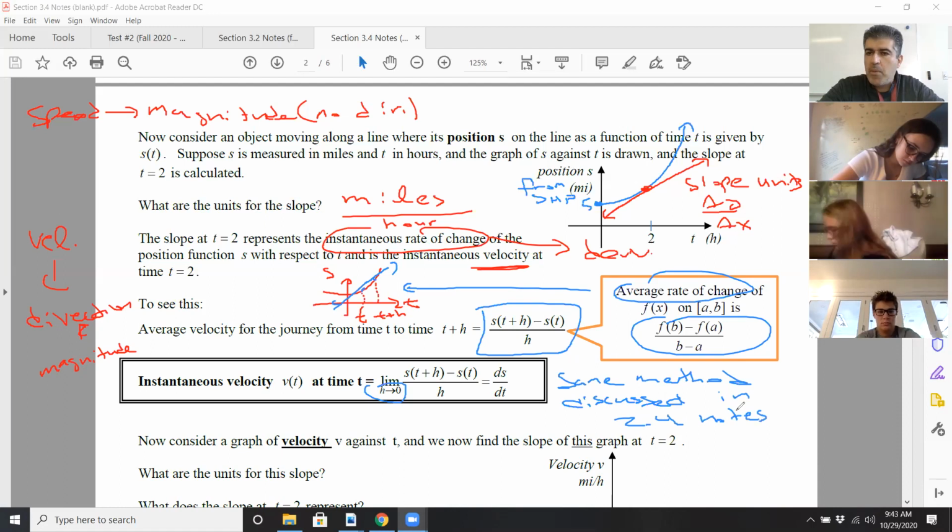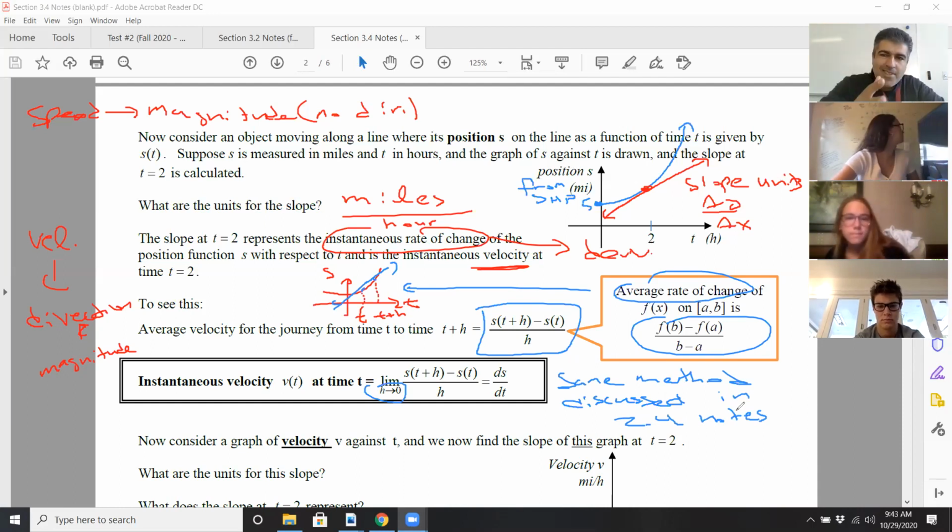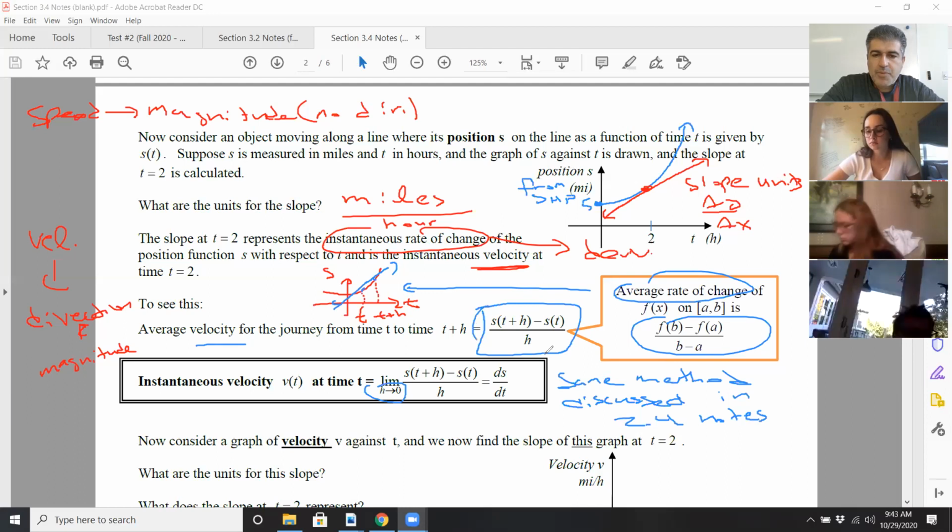In 2.4, remember we talked about average rates of change. We talked about secant lines, and eventually that secant line became a tangent line. You kind of do the same thing, right? If this is your average velocity right here, and I take the limit of that as h approaches 0, now that's going to be my instantaneous velocity, or ds over dt.